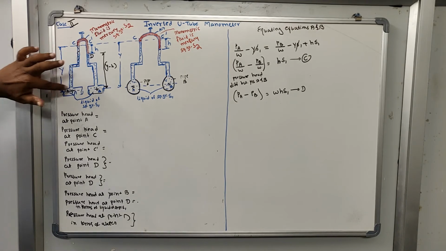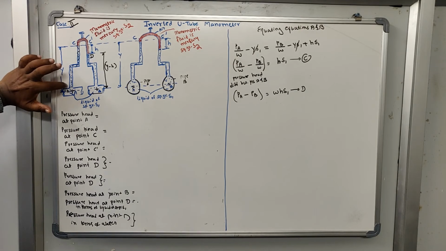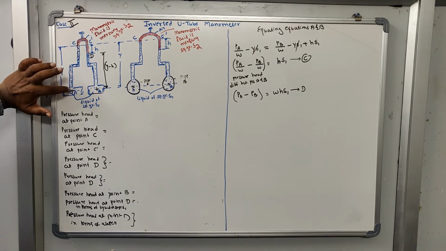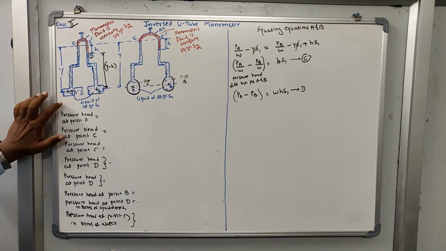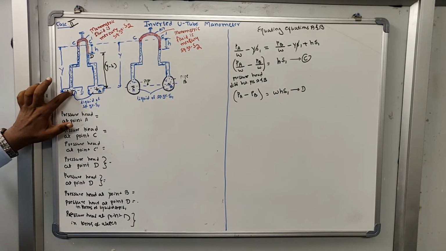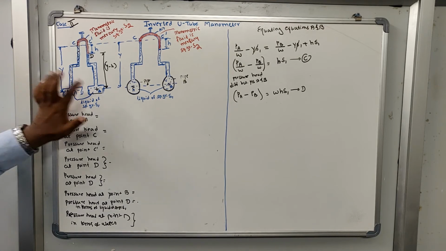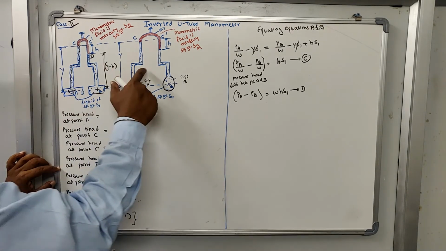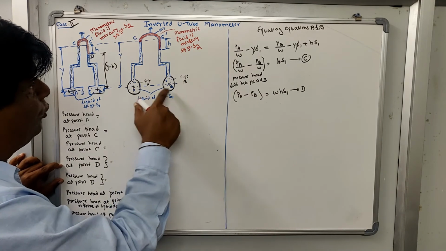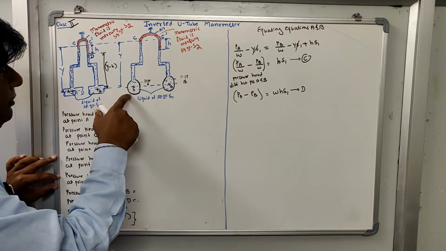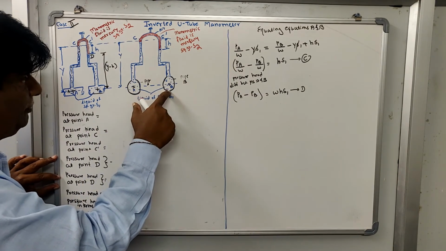In this figure, we have considered a single pipe in which the flowing fluid is of specific gravity S1, and we are interested to know the pressure head difference between points A and B, or the pressure intensity difference at points A and B. The same manometer is connected to two pipes.